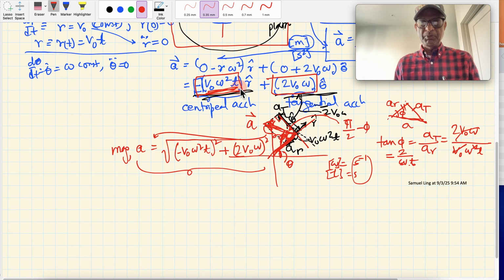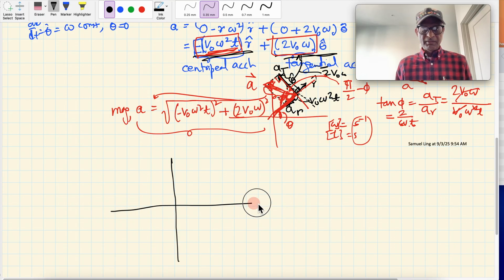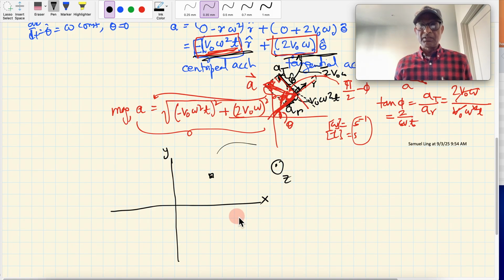Let me redraw the picture because, although I can see it in my head, so this is the XY plane, and this is the Z-axis coming out, using the right-handed coordinate system. Z is coming out towards us in this picture. So the car is over here. What are the forces on the car?